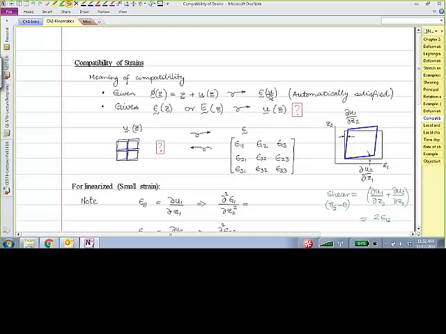But if somebody asks you the reverse question, that if I give you a strain field over a body and I ask you, can you tell me what is the underlying displacement field or the map? Then that question cannot always be answered unless certain conditions are satisfied.